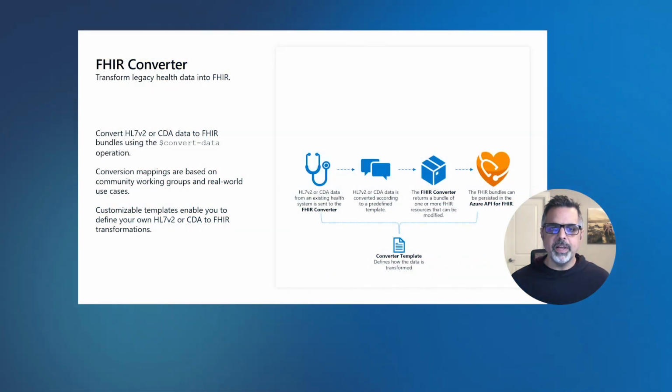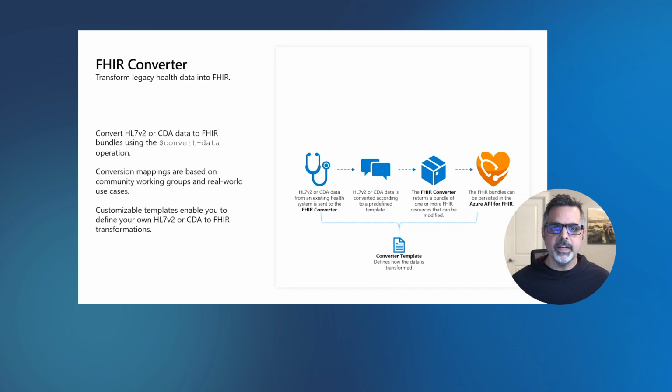These templates are based on community input. For example, for HL7v2 data, there's an active community called 2 to FHIR that is doing the work to map HL7v2 segments and data to FHIR resources and attributes. So the FHIR Converter simply implements these standards and enables you to convert this data relatively easily from its legacy format into FHIR bundles and then ingest it into the API for FHIR.